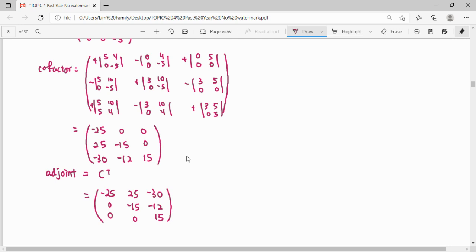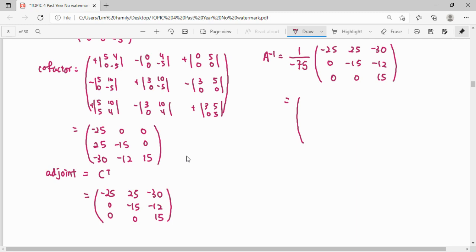Then we have to find our A inverse. In finding this A inverse, we use the adjoint formula, where the determinant is already given in the first question, which is negative 75. Then we plug in our adjoint matrix and simplify our answer here.